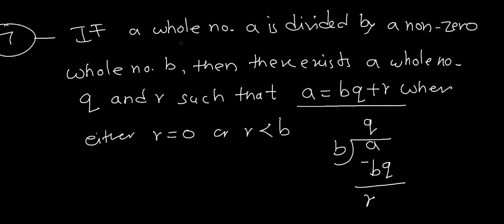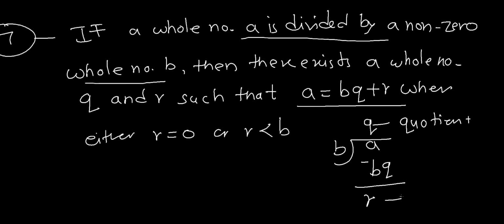If a whole number A is divided by a non-zero whole number B, then there exist whole numbers Q and R, that is quotient and remainder, where R is equal to 0 or R is less than B.